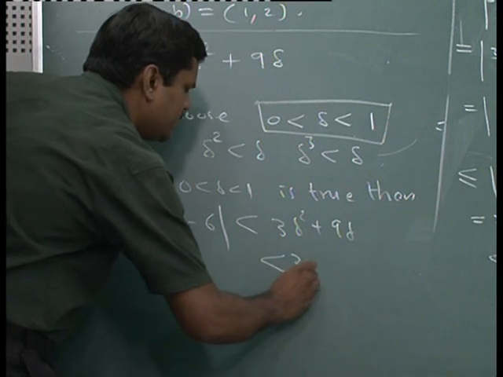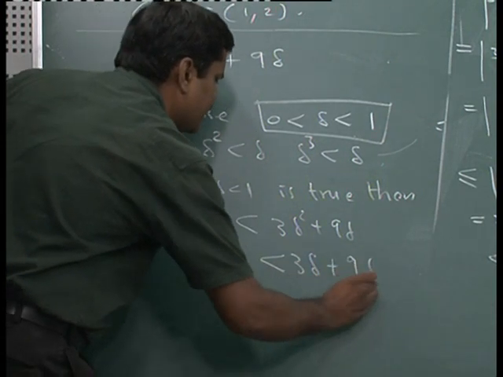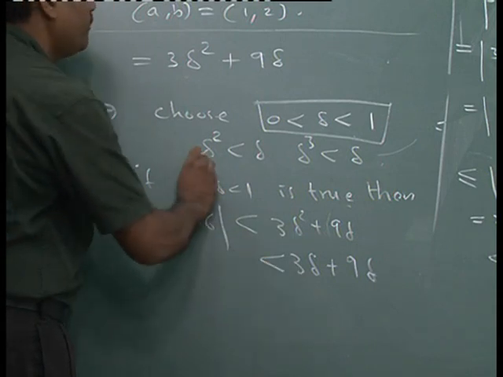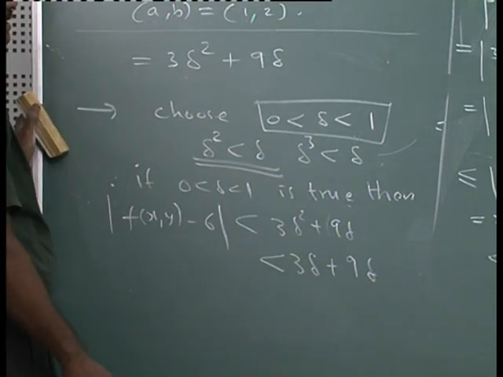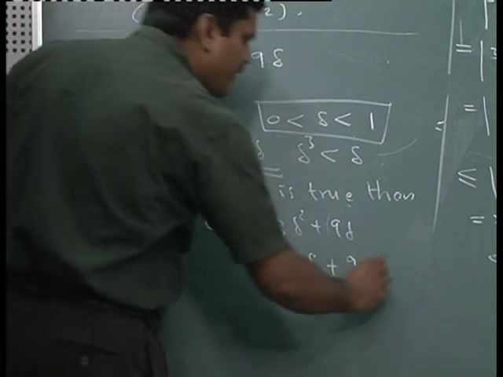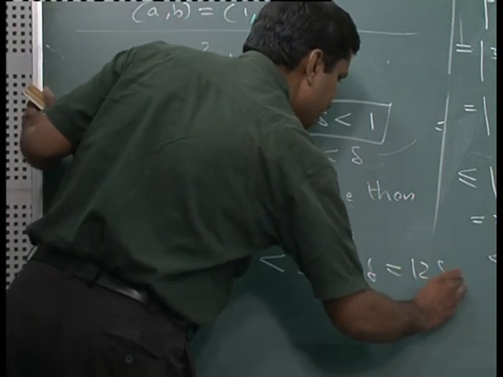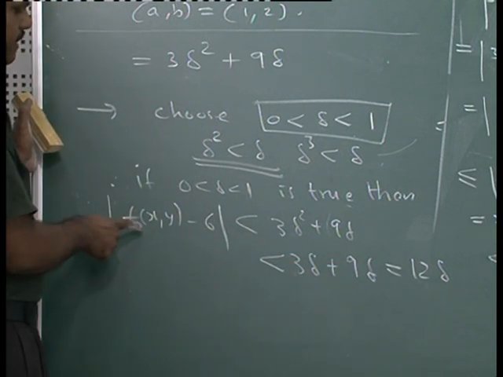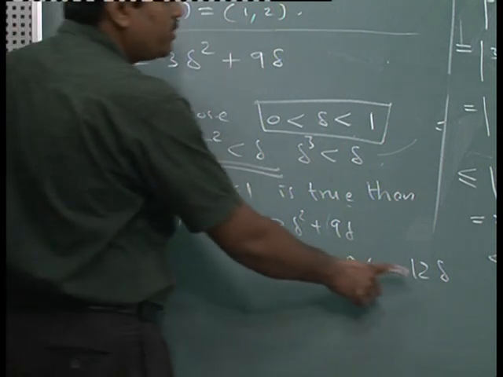Now, I can write less than 3 delta plus 9 delta. This delta I am keeping as it is, and this delta square is replaced by delta because of this important condition, delta square is less than delta. So, what do we get finally? We get 12 delta, 3 plus 9 is 12 delta. So, I have made this |f(x,y) minus 6| less than 12 delta.